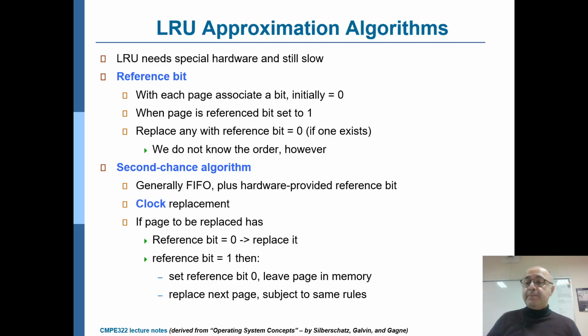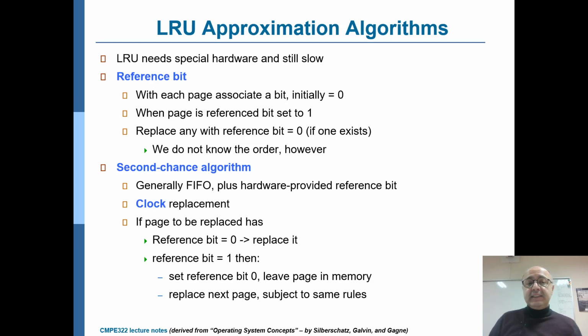Whenever you need a page for replacement, you try to find one which has reference bit 0, assuming since it has not been accessed, and replace that one if one like that ever occurs, of course.